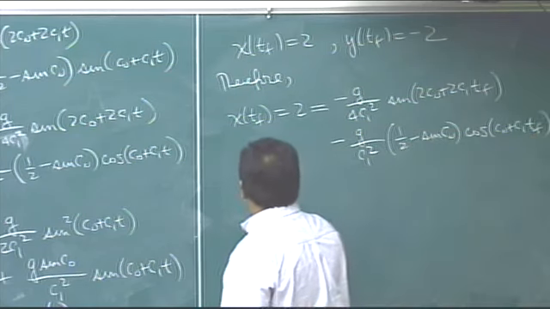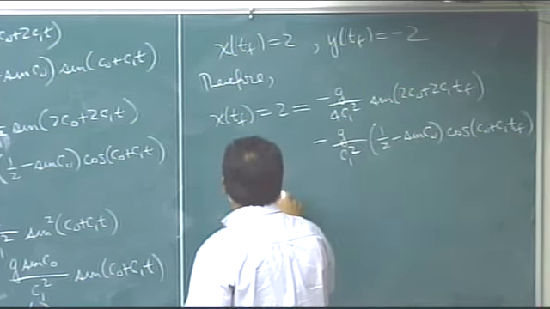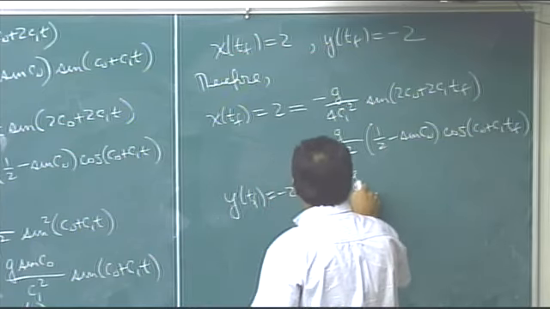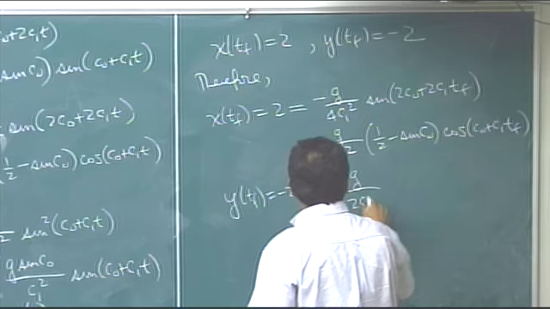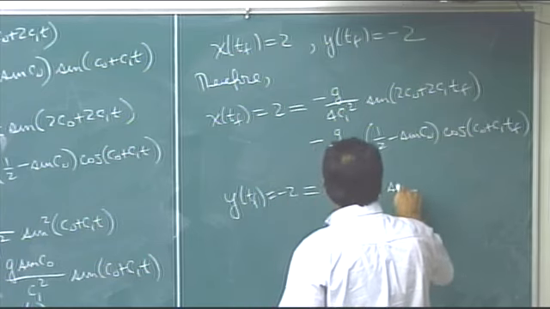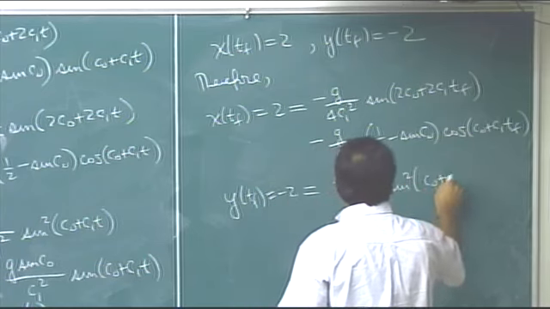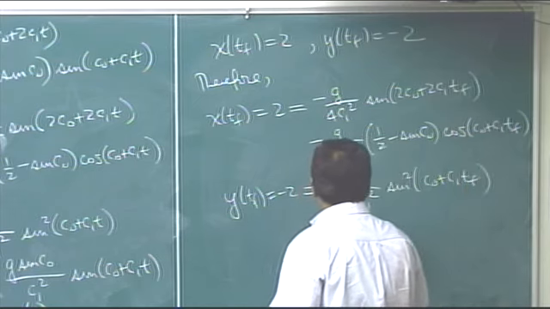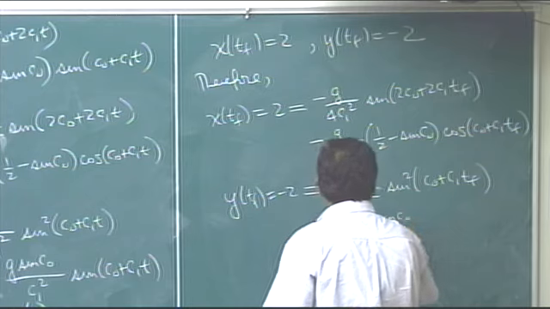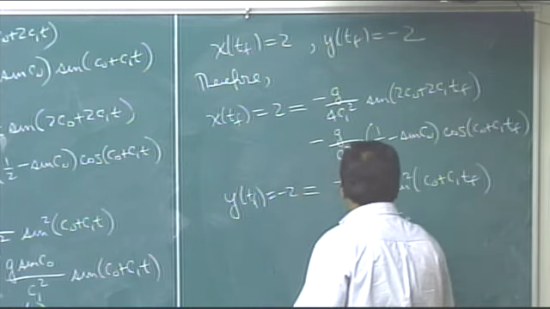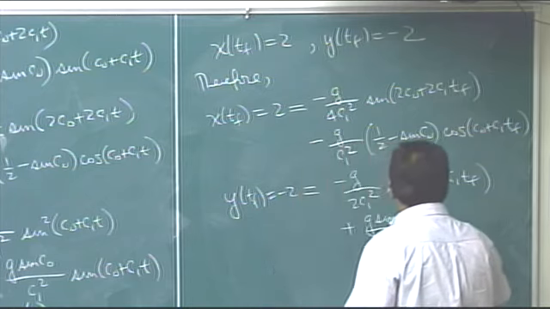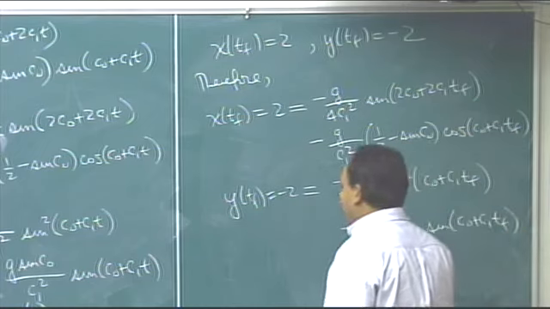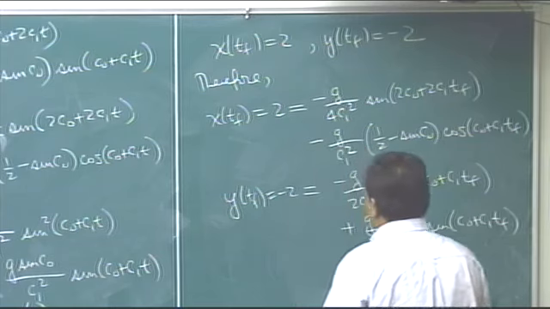And then y at TF, which is equal to minus 2, is equal to what? Minus g over 2c1 squared times the sine squared of c0 plus c1 TF, and then plus g times the sine of c0, all divided by c1 squared, times the sine of c0 plus c1 TF, and then there's a y at 0, but y at 0 is equal to 0.